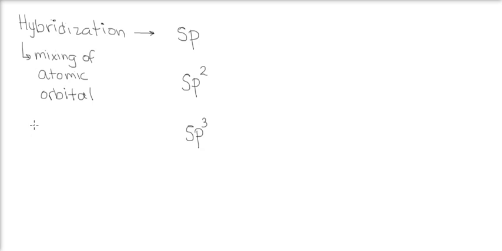So remember that our s orbitals have a spherical shape, or circular in 2 dimensions, and our p orbitals have this tear shape or dumbbell shape. And there are 3 p orbitals because there are ones that point in each direction in space: the z, the x, and the y.